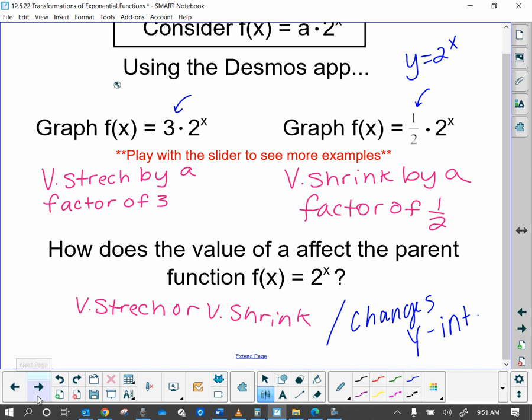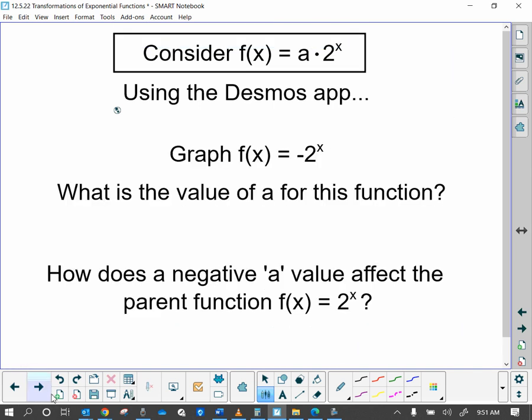Okay, let's keep going. Okay, so when you put a negative in front, guys, put your phones away. When you put a negative in front, this is going to reflect over the x-axis. So let's just look at that.